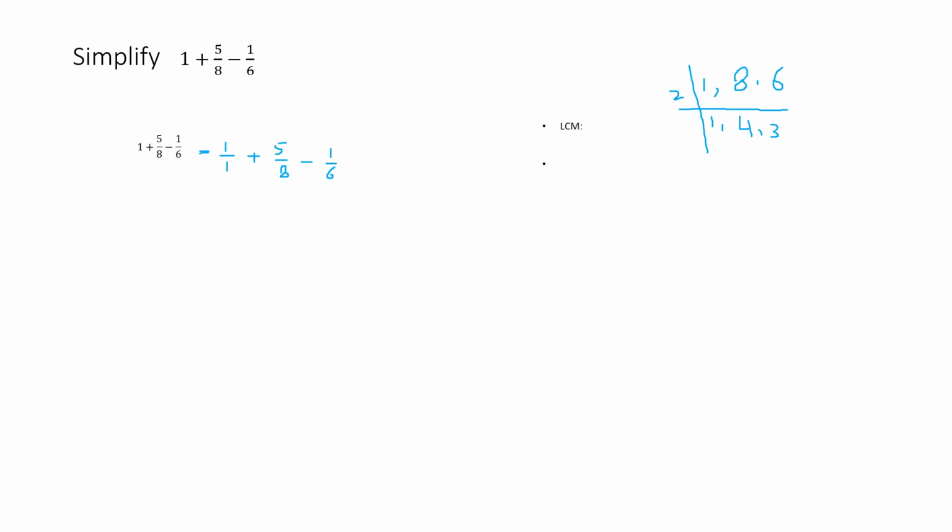No more divisibility is possible, so 2, now we need to write 1 4 and 3. So it comes out as 2 times 3 times 4, which is 24.